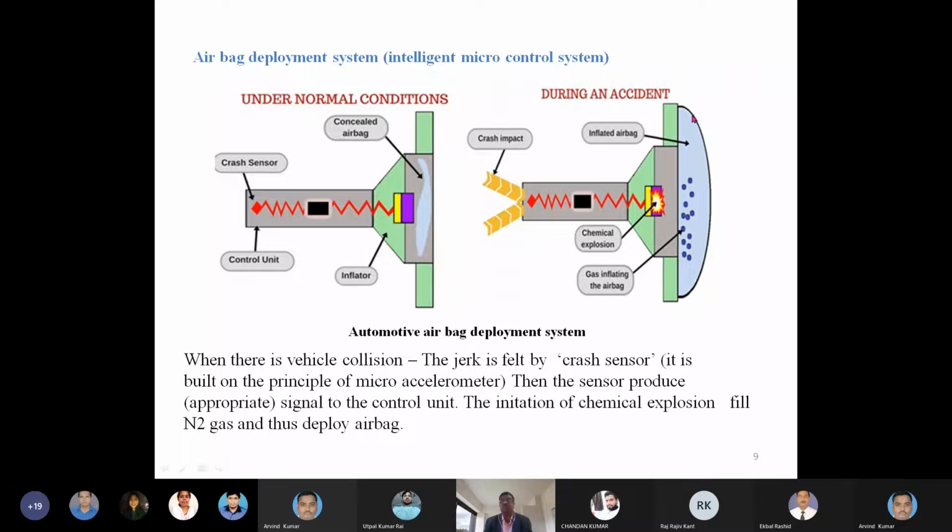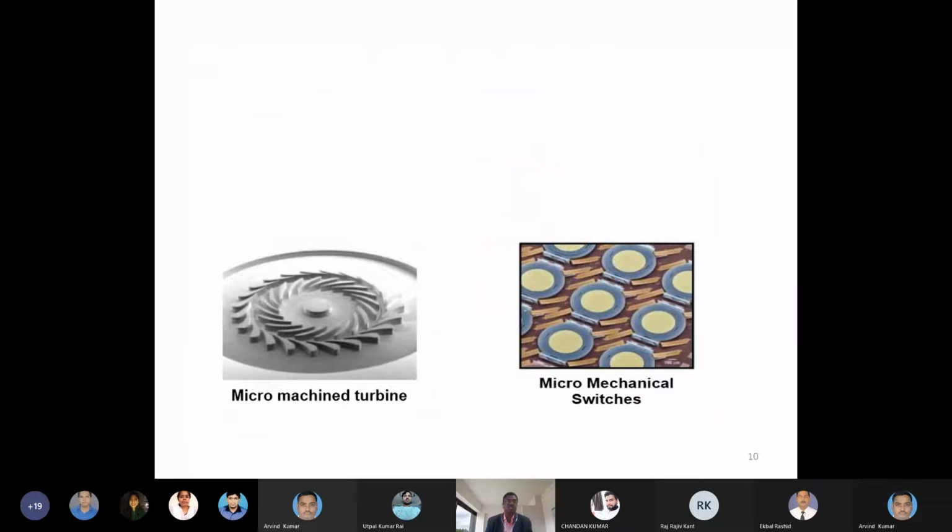The bag expands and becomes big, and this prevents injury caused by the jerk. This has become very popular in today's automotive systems. So this is one such application.